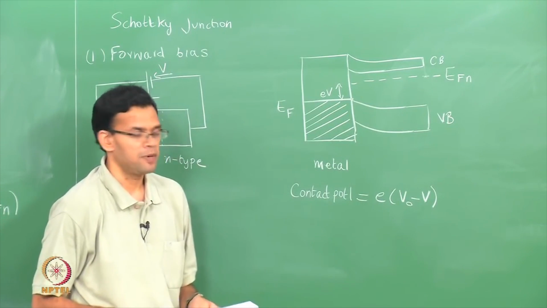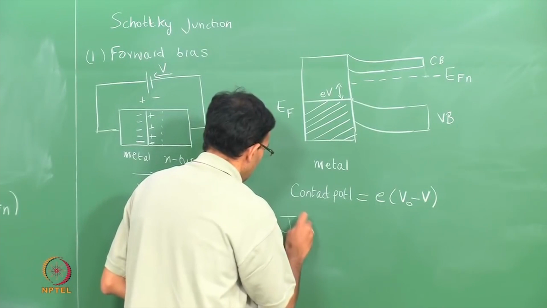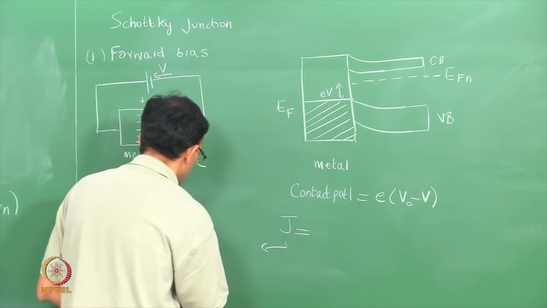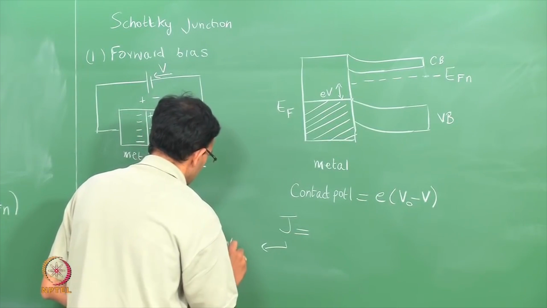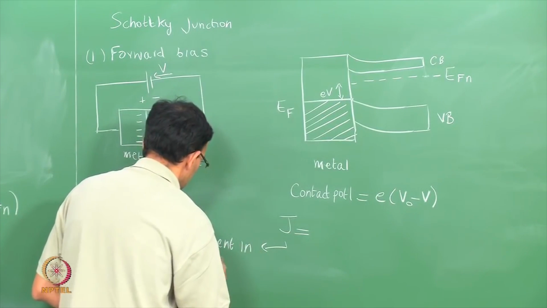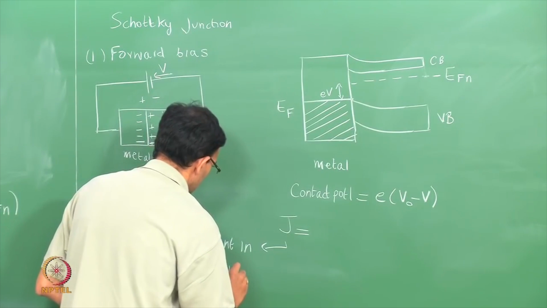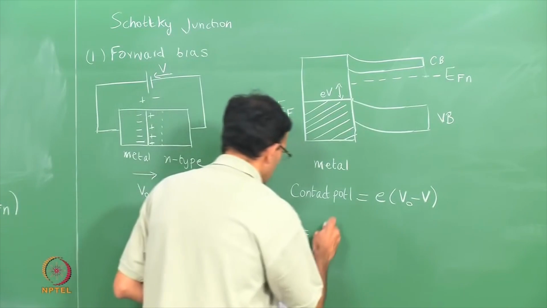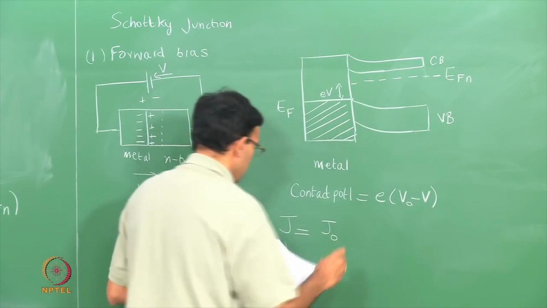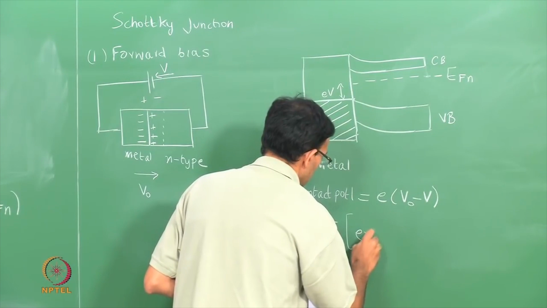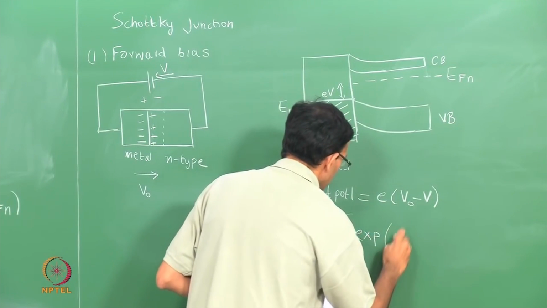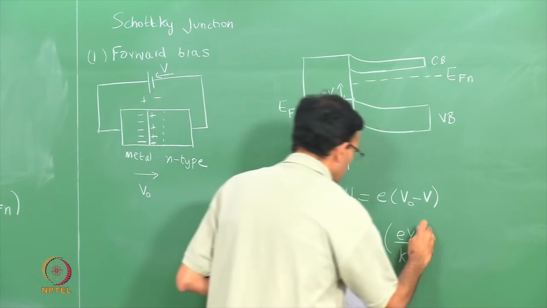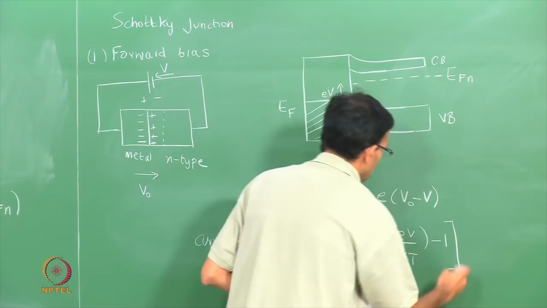We can write an expression for the current. J represents the current in forward bias. It is nothing but J naught exponential EV over KT minus 1.